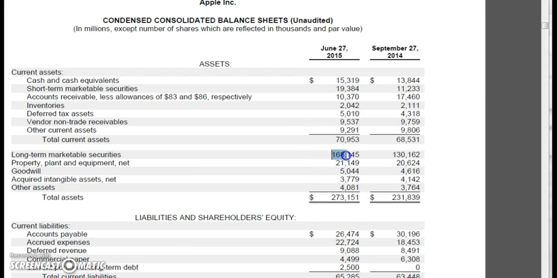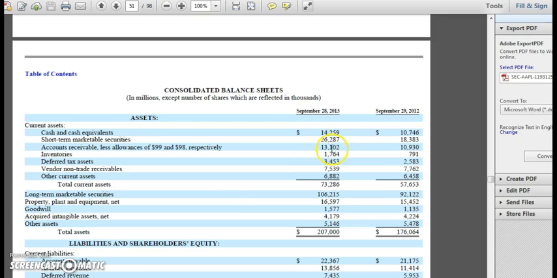Apple has this much money. More than 60% of the assets of Apple is basically cash. That's $270 billion in cash. Apple's inventories are barely 1%.